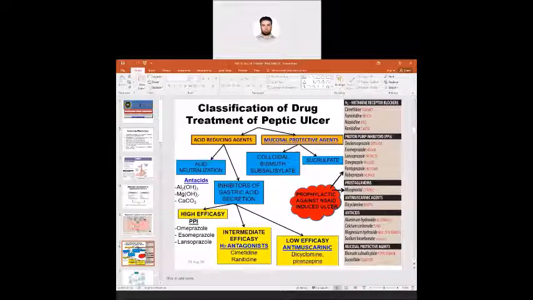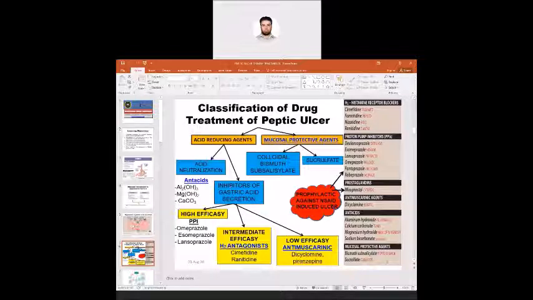The inhibitors of gastric acid secretions are further subdivided according to their efficacy into high efficacy proton pump inhibitors, intermediate efficacy H2 receptor antagonists, histamine 2 receptor antagonists, and low efficacy antimuscarinic agents.